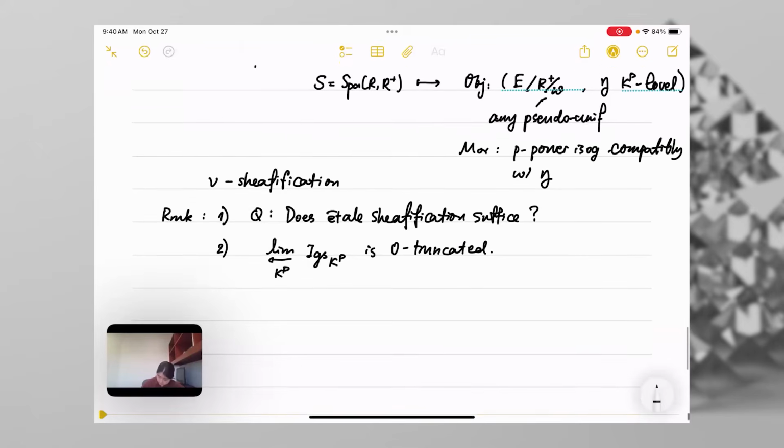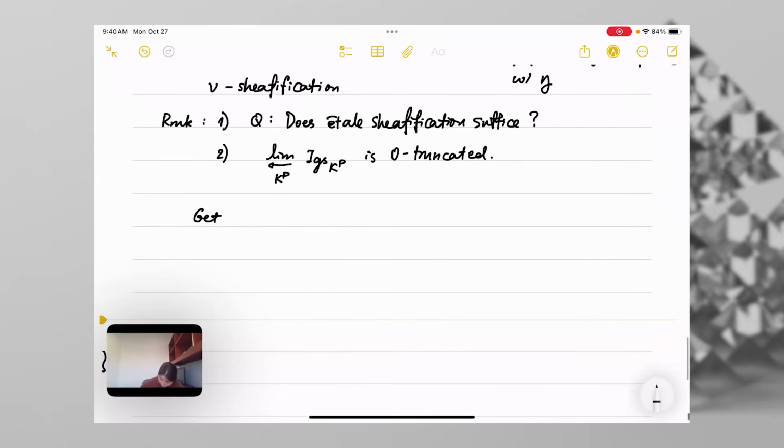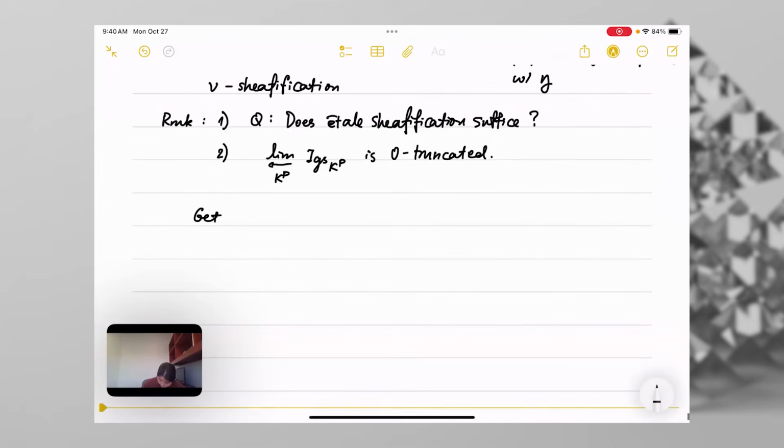Right. So given this definition using the moduli problem, it's not hard to get a commutative diagram as a candidate for this Cartesian diagram we wanted to construct.